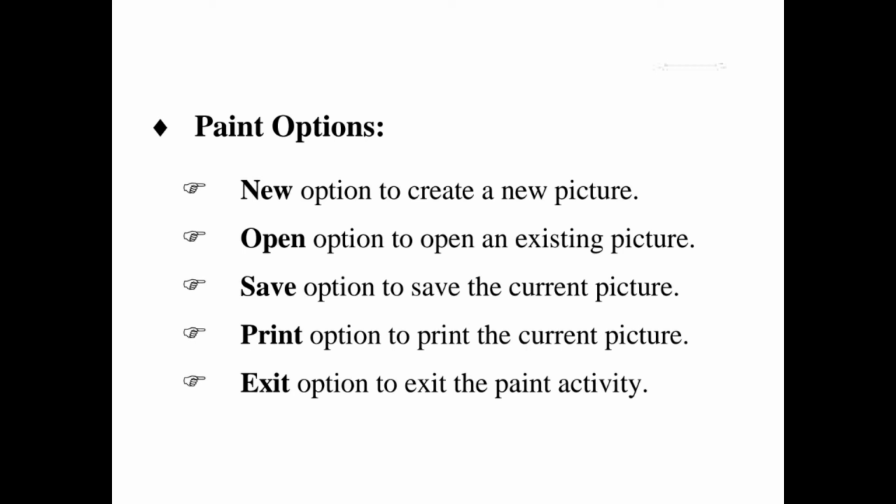To draw a new picture, we need a drawing sheet, isn't it? Similarly, for a new paint document, we use this new option. And the second one is the open option, which is used to open a paint document already saved in your computer.